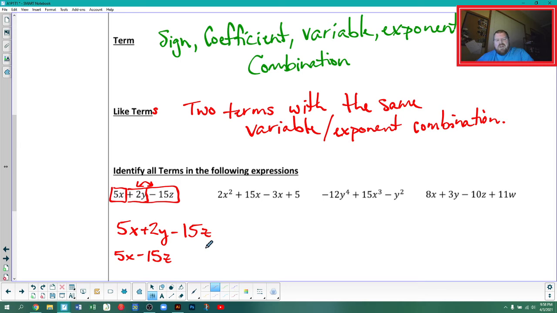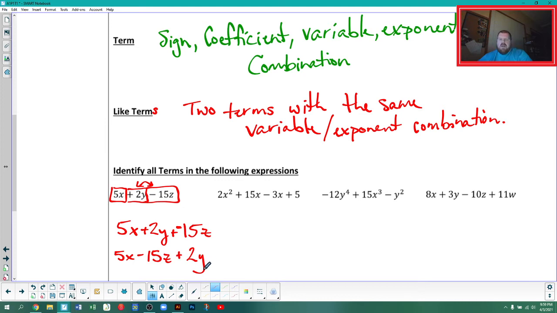Yes, it's minus 15z, but me saying negative 15z really means that I've turned this into addition of a negative 15z. That's all I've done in order to switch places with those two correctly. And so that's legal. That is saying the same thing.